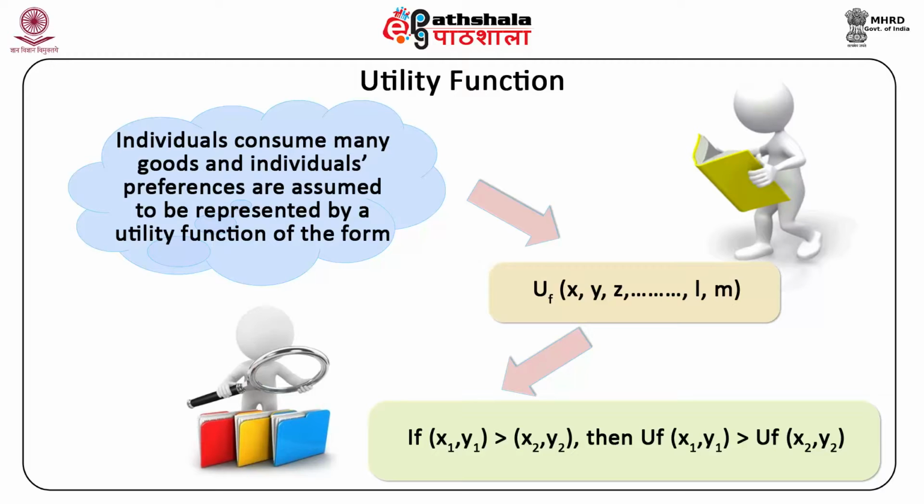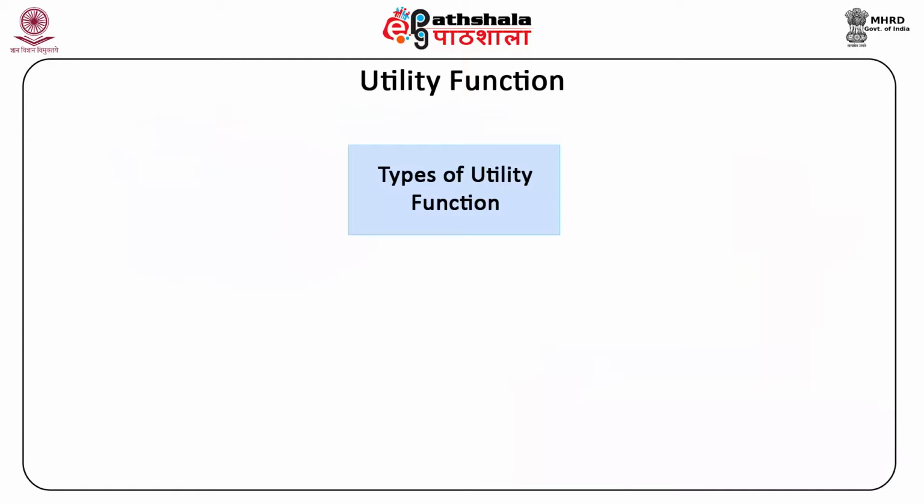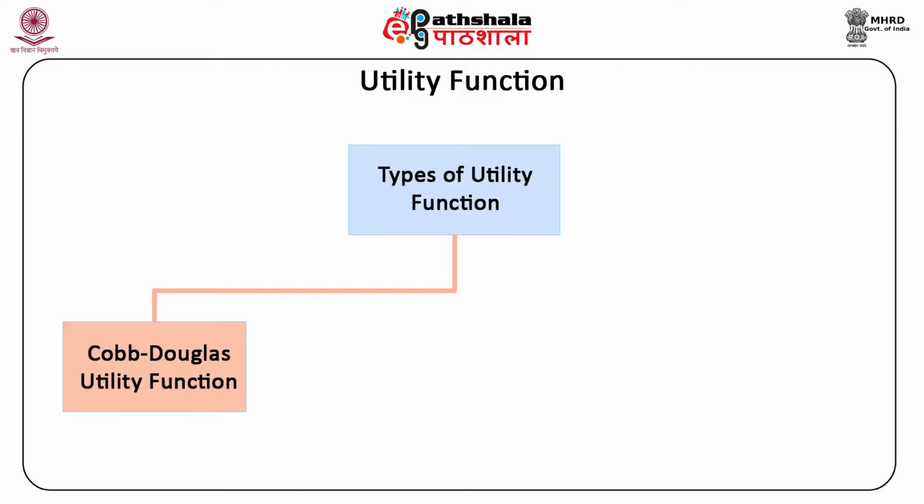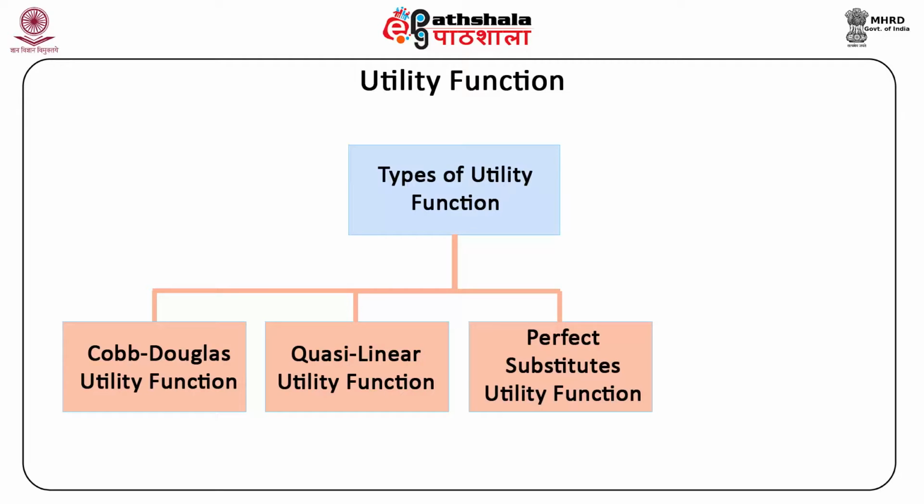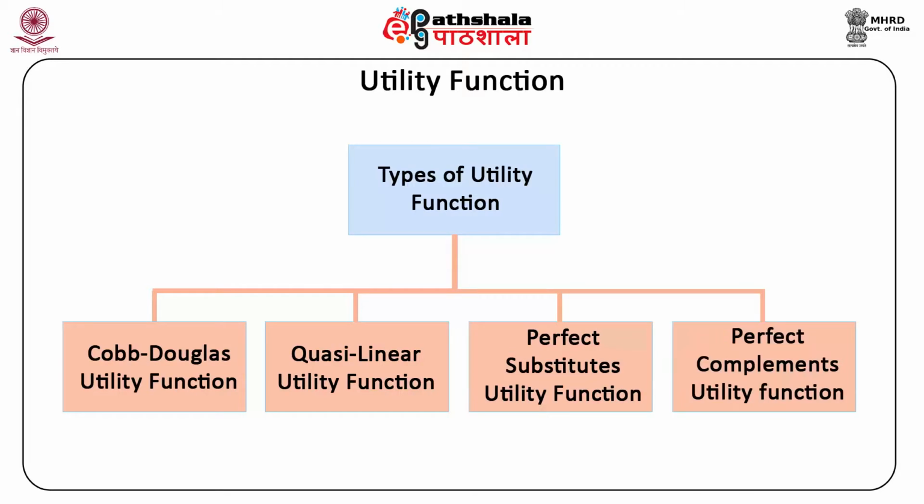That is, if x1, y1 is preferred to x2, y2, then UF x1, y1 is greater than UF x2, y2. There are different types of utility functions. We discussed some of the important and commonly used utility functions, which are Cobb-Douglas utility function, quasi-linear utility function, perfect substitutes utility function, and perfect complements utility function.